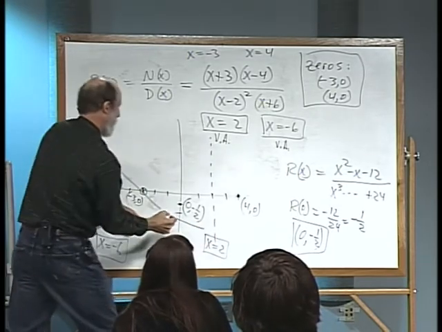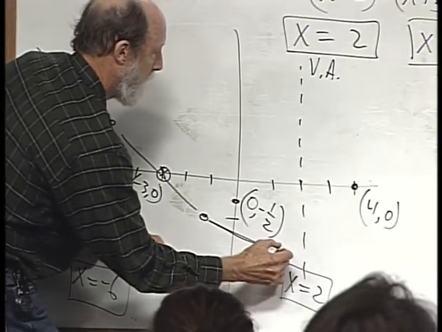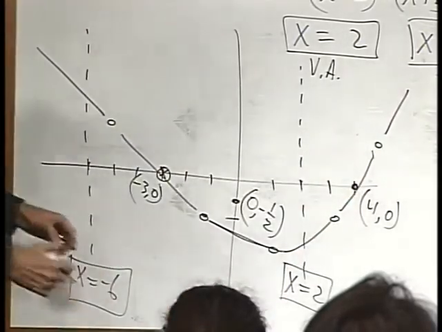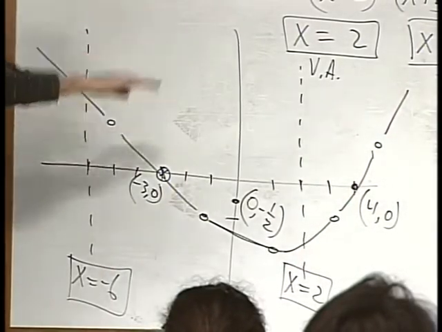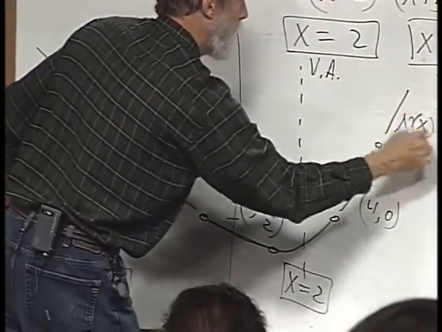It's going to bottom out somewhere in here probably. Right? So everybody agree? That's your numerator, your quadratic function here, n of x.